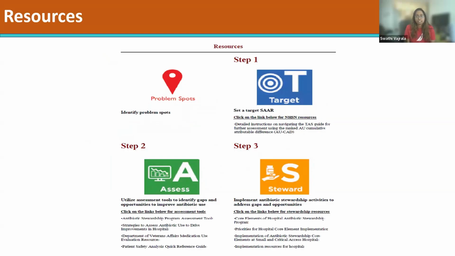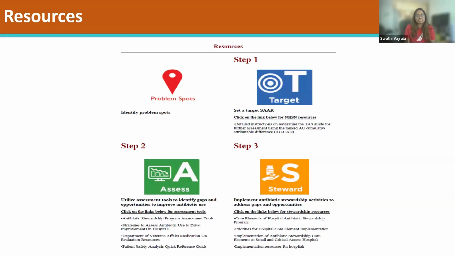The first step is to identify the problem by setting a SAR target. Unlike the HAI targets, such as the TAP report strategy and SIR, there are no national SAR goals. The SAR target values may differ by facility based upon factors such as original SAR values, stewardship priorities, and clinical relevance, such as findings from MUE, which is considered the gold standard of assessing appropriateness of antibiotic use.